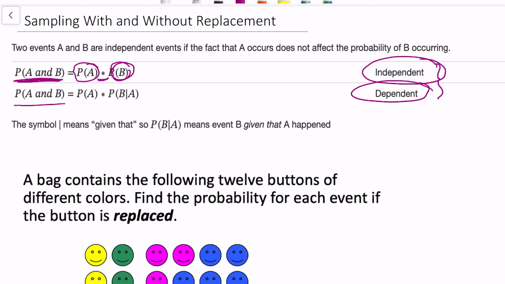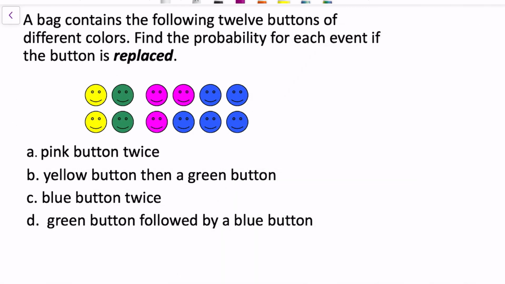Again, we want to find the probability of A and B. We need to find the probability of A, and we're going to multiply it by the probability of B given that A already occurred. That little line symbol is called pipe. Let me write it here, pipe. Given that, so this is the probability that B is going to happen, given that A already happened.